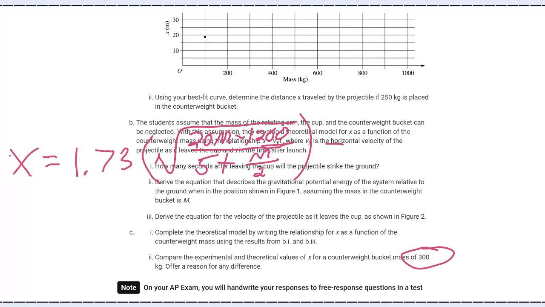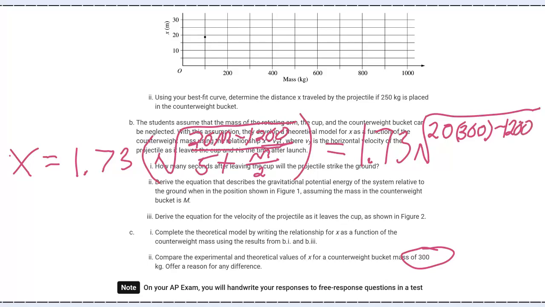So this is calculator heavy, but I'm just going to write out 20 times 300 minus 1200 over 5 plus 150.